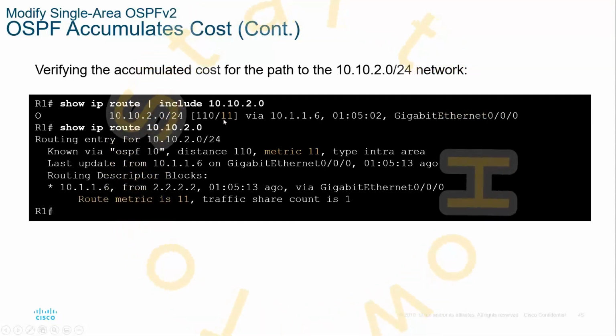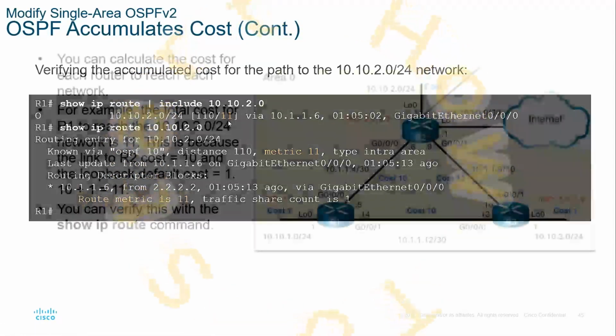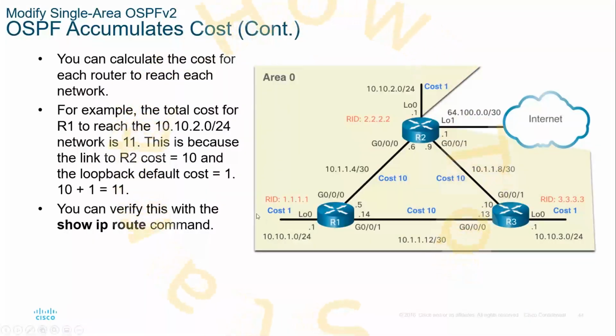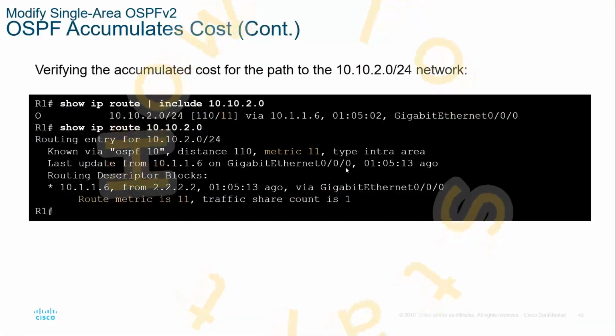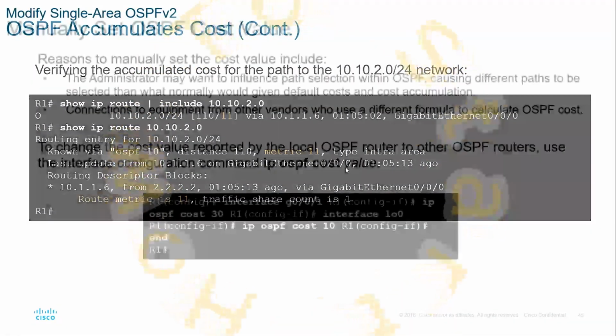We have a metric of 11 because we have the cost to go from this PC to the router, and from the router to router 2, so that's 1 plus this cost of 10. That's how we get that 11. The lower the metric, the better.